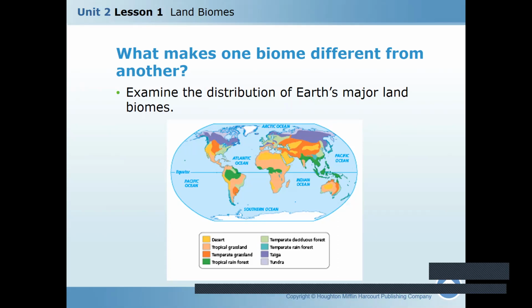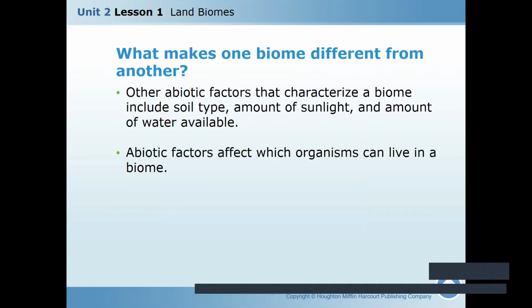Now, coming to the next. Yes, Zishan, you can read now. What makes one biome different from another? Other abiotic factors that characterize a biome include soil type, amount of sunlight, and amount of water available.